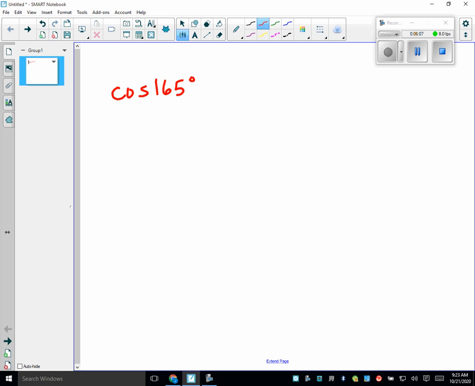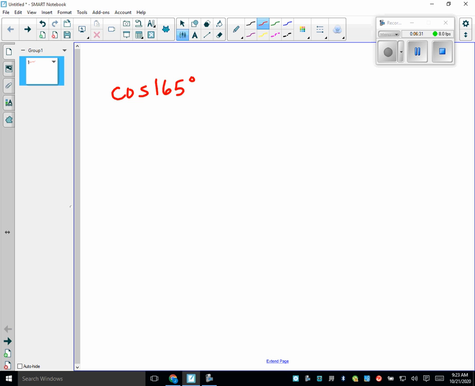Can I find the exact value of a 30-degree angle? No, that's in radians. That is not a trig function. But can I find the cosine of 30 degrees? Yeah. Don't I have a 30-60 right triangle that I deal with? Mm-hmm.